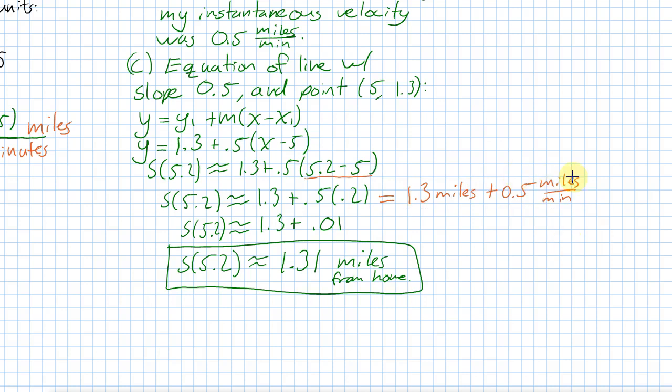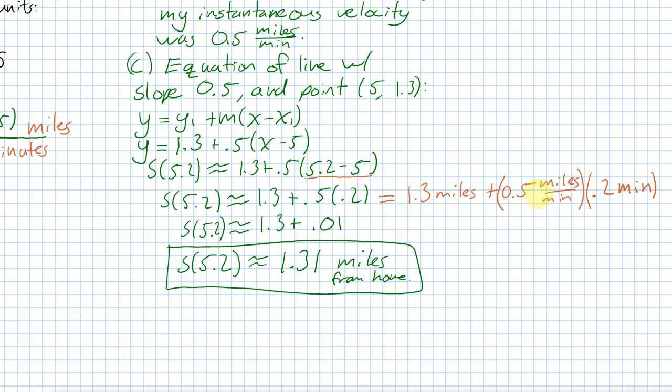So we're doing this 0.5 miles per minute times 0.2. What does that number 0.2 represent? Well, it represents 5.2 minutes minus 5 minutes, so it's a change in the number of minutes. So it really means 0.2 minutes, which is like 12 seconds.